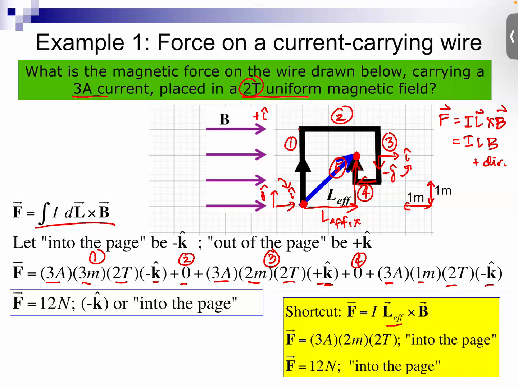Hence the force is the current 3 amps times 2 meters. You might be wondering why the effective length of the wire is 2 meters. It's because it's the length of this y component. Only the y component will experience a magnetic force because the x component is parallel to the magnetic field. That's the trickiest bit there.